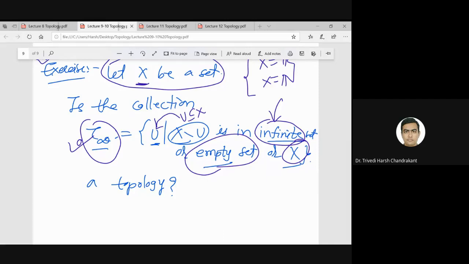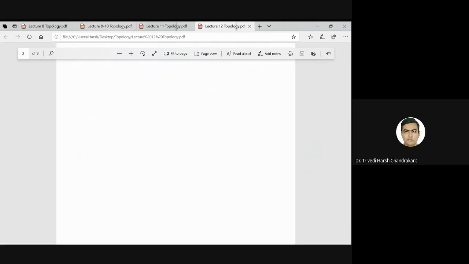So, in the last lecture, we were discussing at the end of the lecture this example. If X is any set, and if we define this collection T infinity, then whether it is a topology or not. I think some of you have given the answer.